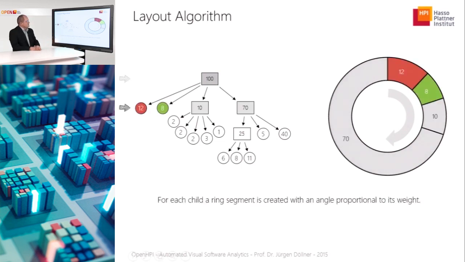This is how the splitting looks. The two leaf nodes having a weight of 12 and 8 get their segments. As they are leaf nodes, they connect to the whole. And the other two inner nodes need to be recursively split.